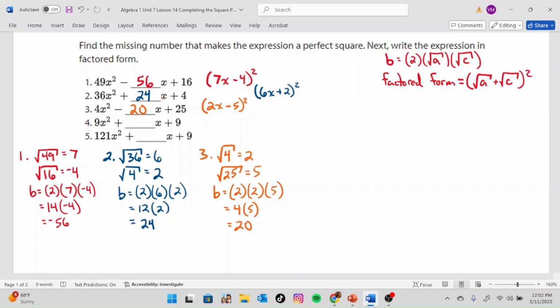Let's check the answer. 2x times 2x gives us 4x squared. 2x times negative 5 gives us negative 10x. 2 of those gives us negative 20x. And then negative 5 times negative 5 is positive 25. So this is the correct missing number, and this is the correct factored form.